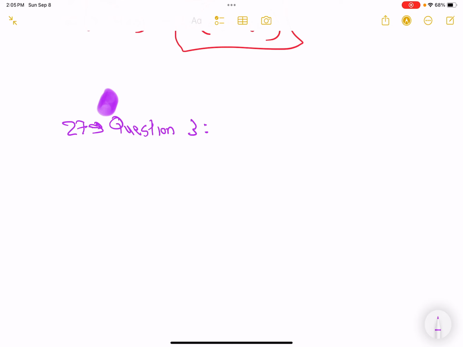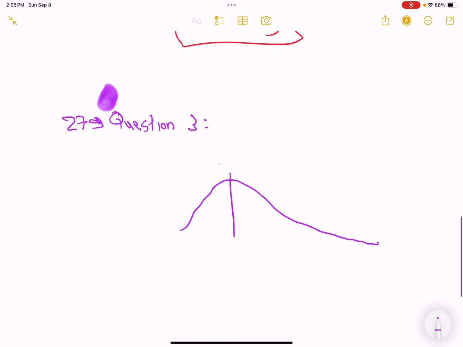And the reason we're asking about this is it is strongly skewed right. So I'm already sketching a little graph. This is the right skewed distribution. And we're looking for an explanation for why we should use the median, which will sit somewhere here, as opposed to the mean, which will sit further toward the skew.